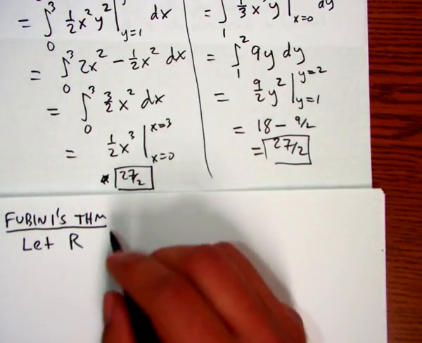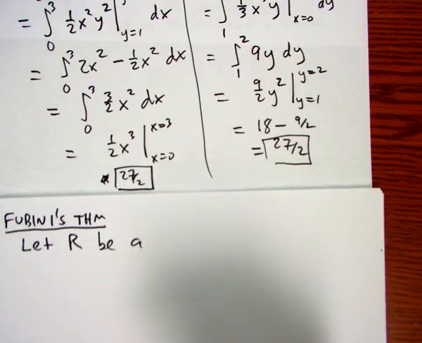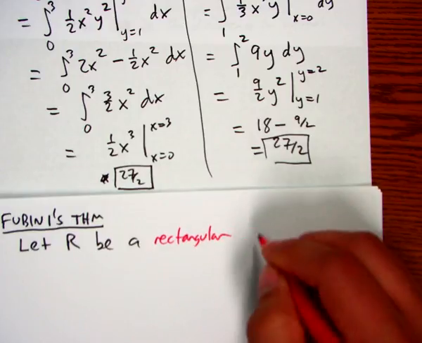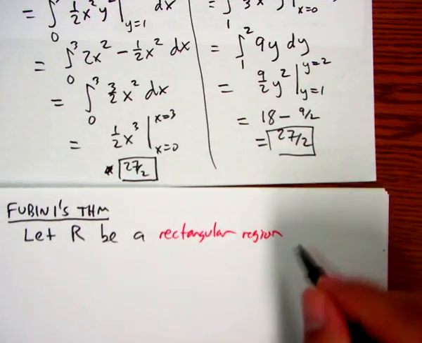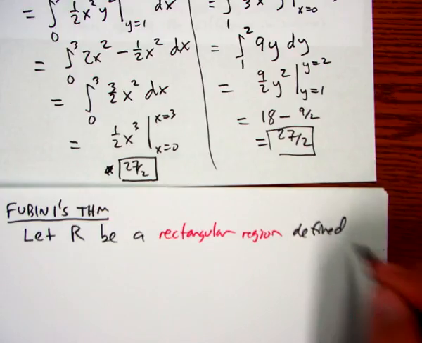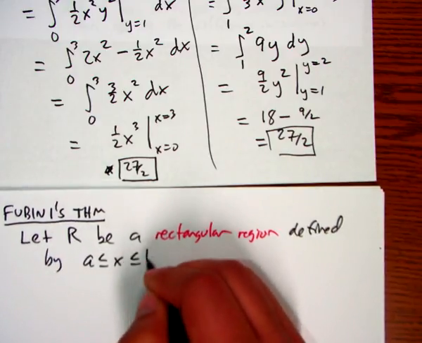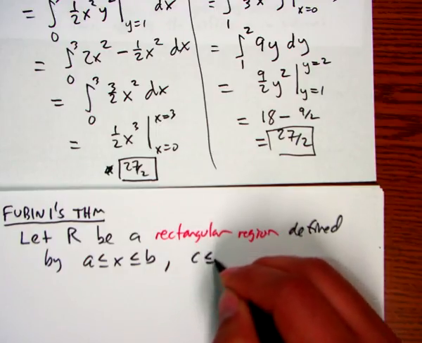So let R be, and this is the key here, a rectangular region defined by x being between a and b and y between c and d.